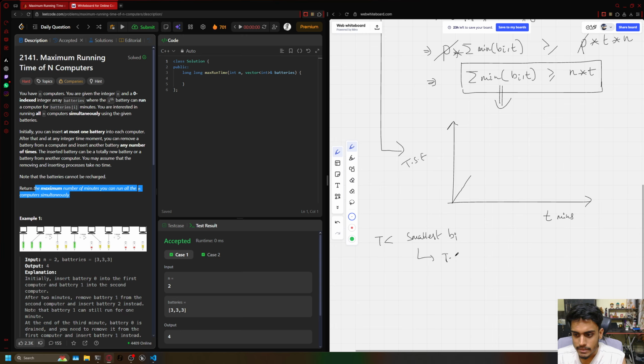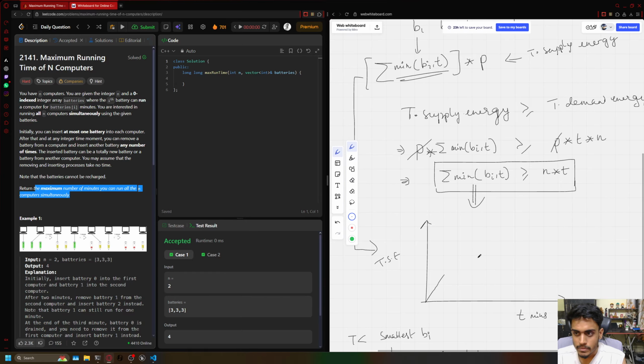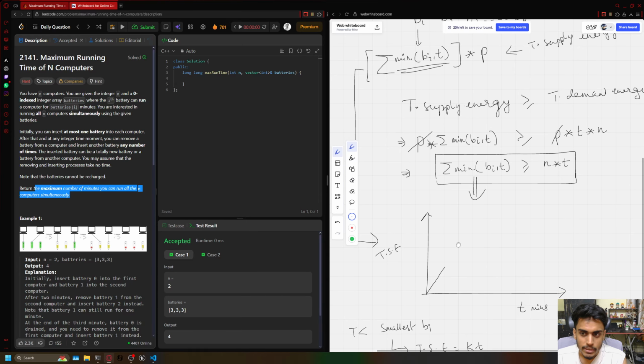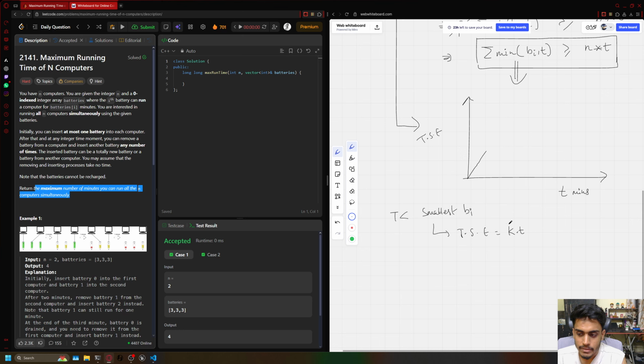So total supply energy will be the number of batteries I have times T, because every comparison of Bi to T gives T only, since T is smaller than the smallest Bi.